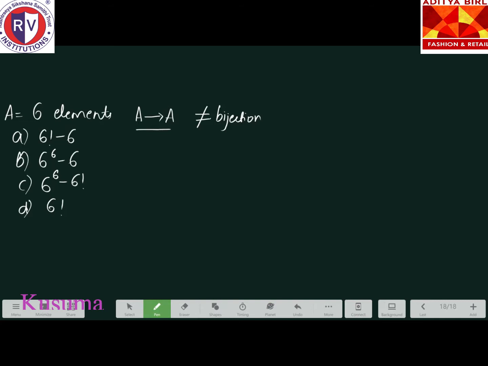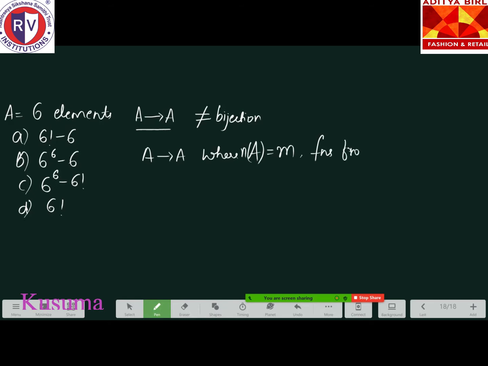Okay, so remember this: functions from A to A, where A has n elements. Say here, don't get confused with n once again, say m elements.